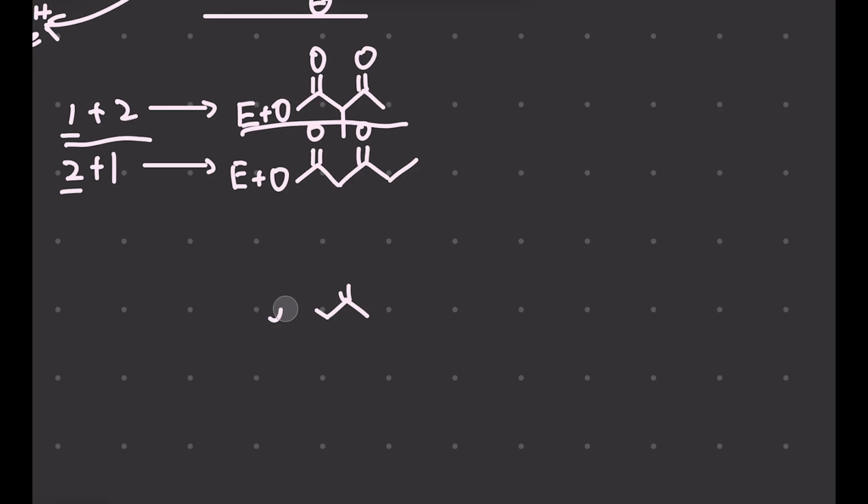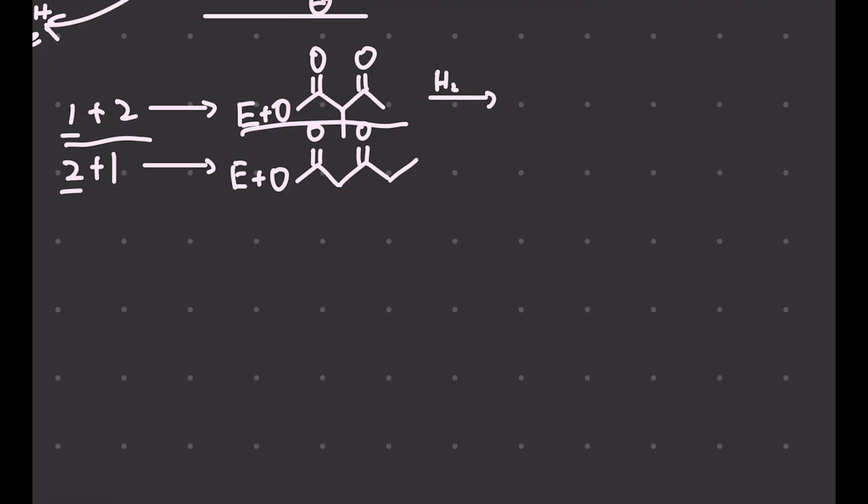Let's say we have these two reactants that we got from a reaction of 1 and 2 and 2 and 1. So what we can do is add H3O+. Well, in a laboratory setting, you'll probably see saponification first, as it'll just simply produce a better yield.